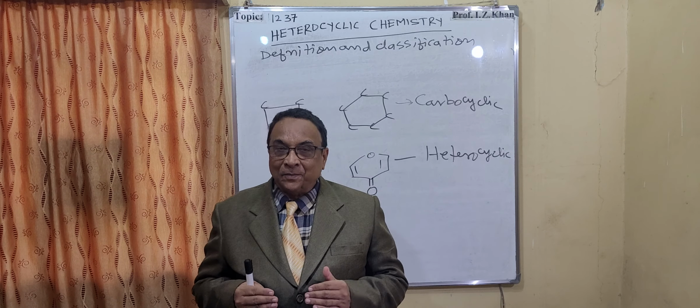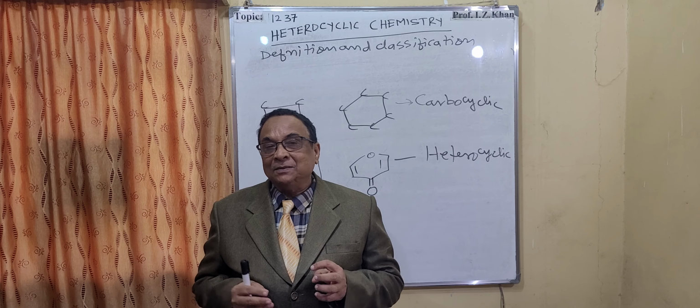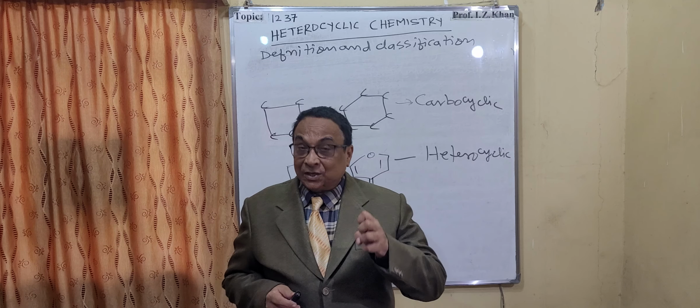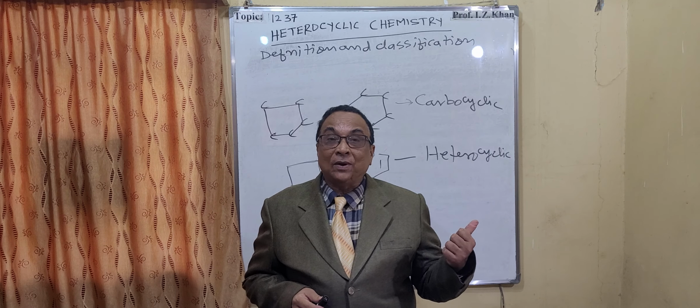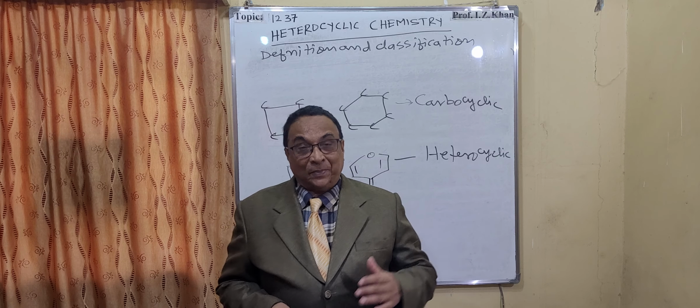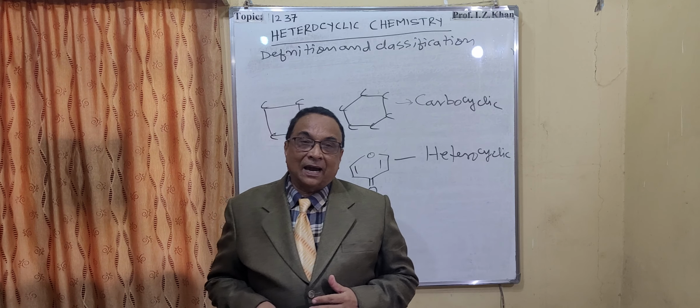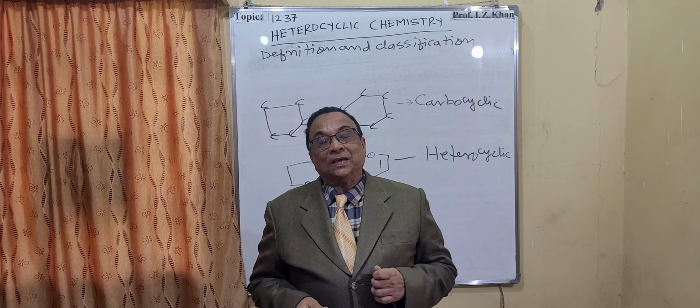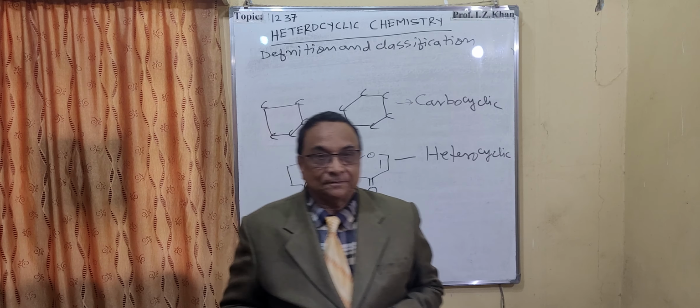Apart from that, sometimes there may be not only one heteroatom, but 2 or 3 in one ring. So all possibilities are there, and I will be discussing different types of structures. I will give their structure, their properties, their preparation, and also some of their reactions.